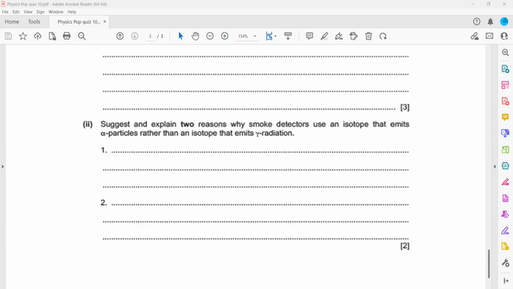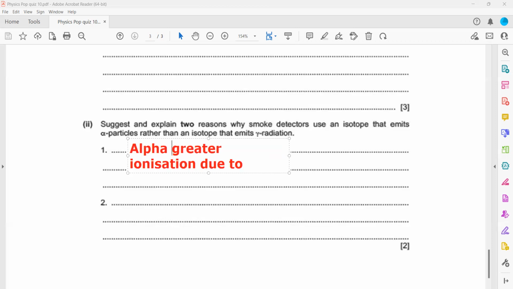Gamma has a long range, so if a person is exposed to gamma radiation for a longer duration, they might develop cancer. So 1 mark for mentioning alpha has greater ionization due to greater mass and charge.